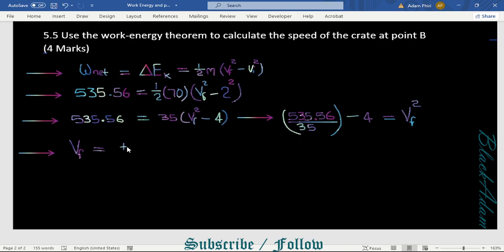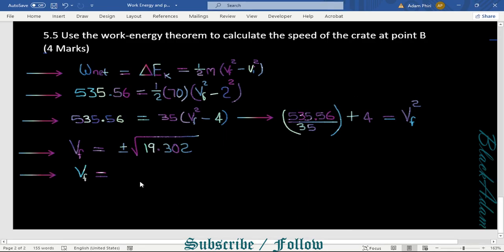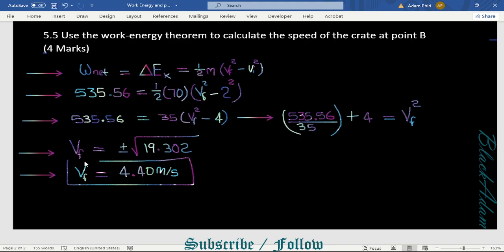So v final squared is 19.302. Taking the square root of 19.302 gives us 4.4. It's 4.4 meters per second, and that's our answer.